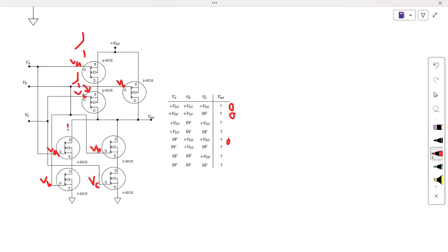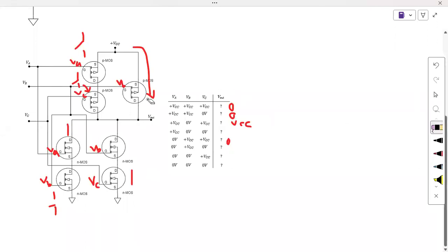But we also know that these are going to be a short. The only problem is there's still no way for V out to get to ground here because it's blocked by this open switch. However, there's a clear path right there. So we know that this is going to be VCC.